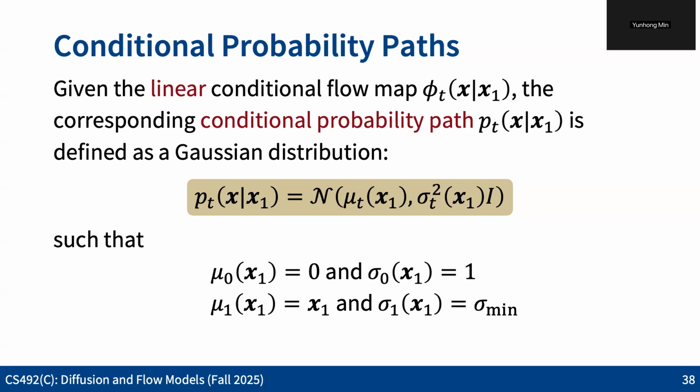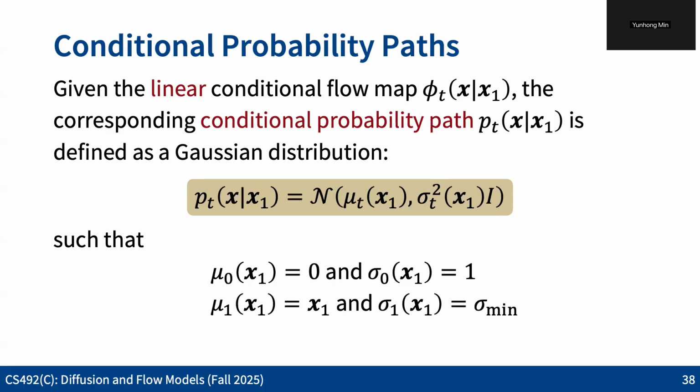We have seen the relationship between the flow map and the vector field, and also the vector field and the probability path, in the previous slides. Based on that, if you derive everything, you will see that from the linear conditional flow map, the conditional probability path given x1 actually becomes a simple Gaussian form. This is also very similar to what we have seen, right?